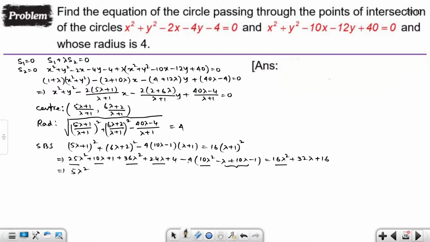So minus 36 lambda. That is minus 2 lambda. So minus 34 lambda. Then we are having 1 plus 4, that is 5, plus 4, that is 9. 9 minus 16 gives us minus 7, which is equals to 0. Am I correct? So if I now factorize this, what we are going to have?